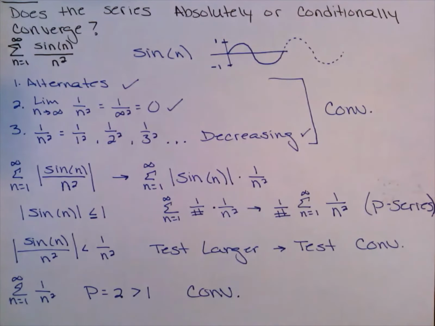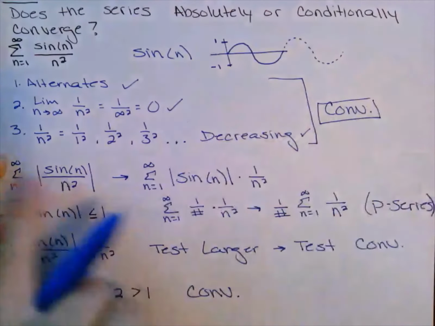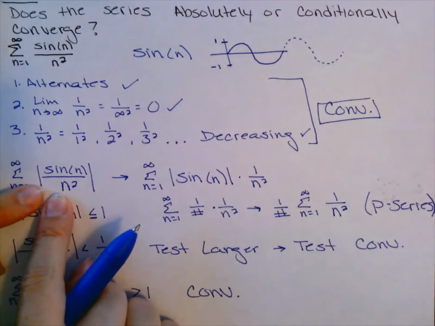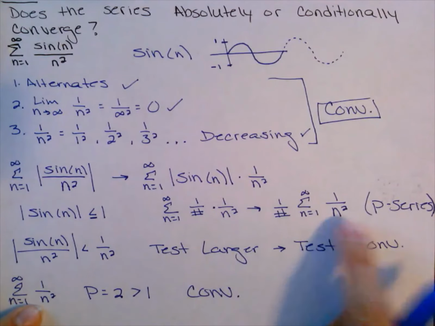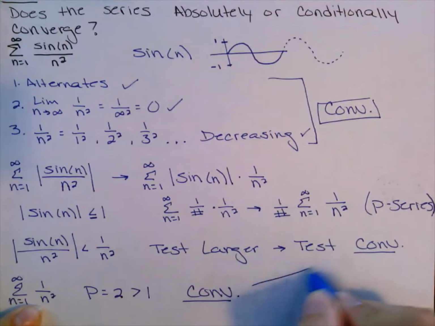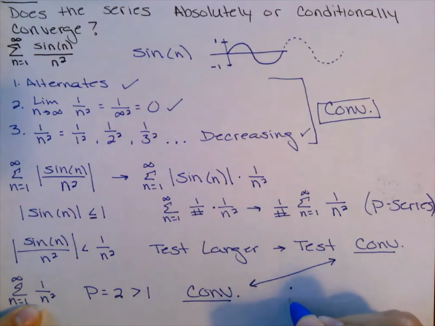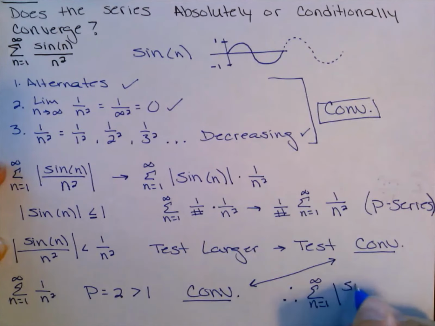Okay, so let's recap. We said that the actual series converges. Then we went to see if the absolute value converges. We had to do a comparison and we tested 1 over n squared. Since we were testing for convergence and we got convergence, we can say that the absolute value also converges.